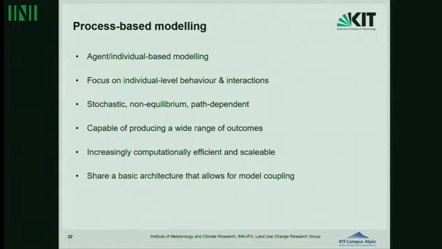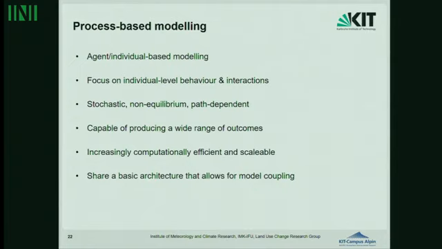So overall, process-based modeling certainly should, I think, have some role to play in our understanding of landscape development. These models exist. They're quite widespread in land use and in ecological sciences, usually agent or individual-based models, which focus on individual level behaviors and interactions and allow the system level behaviors to emerge from those.